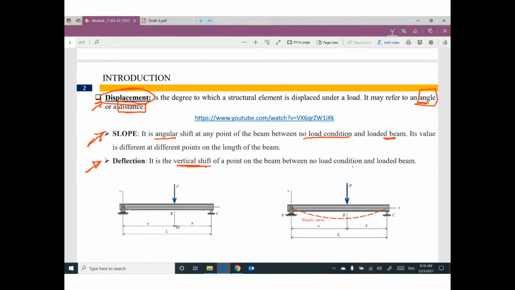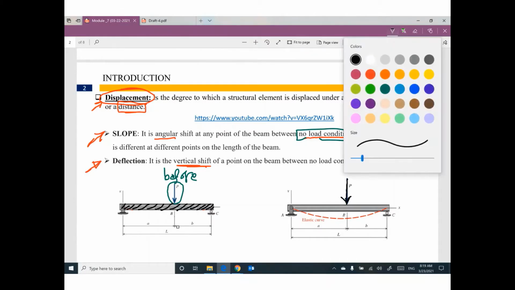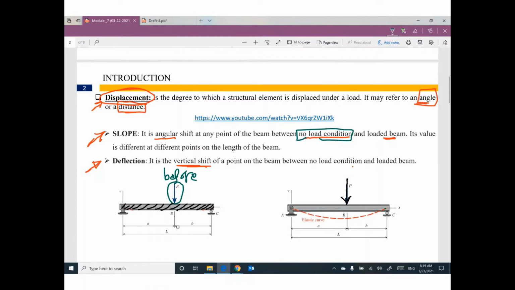One more time. It's very important to understand these concepts. We have a beam. Before applying this load, which is called the no load condition, the beam is a straight line. Can you see? It's a straight line. Once you apply this force, the new position of the beam looks like a curve.